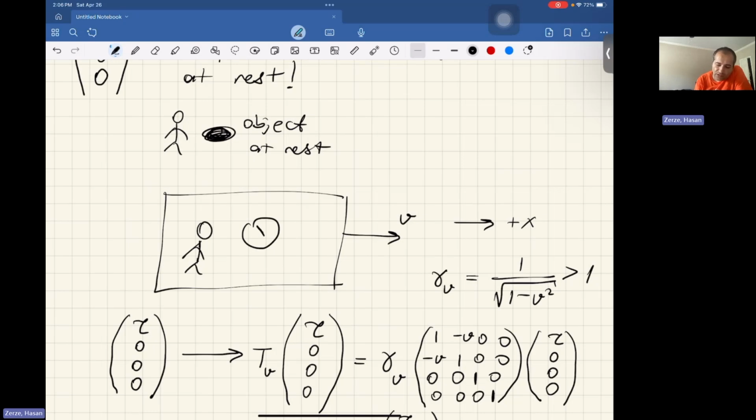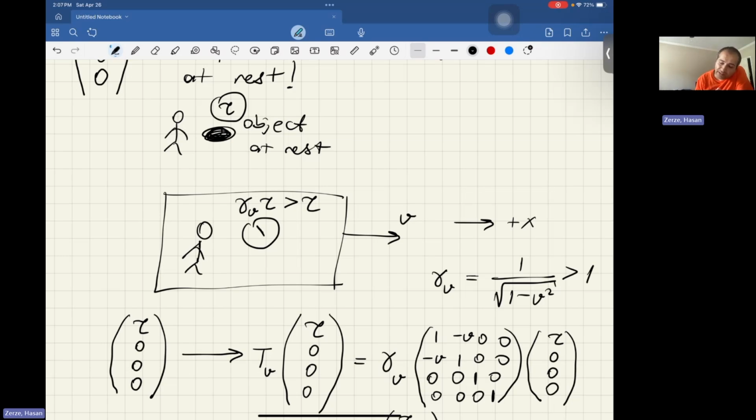If this is measured as tau, this is measured as gamma v tau, larger than tau. So the observer running at velocity v is measuring the time at a slower speed. The time actually ticks slower.